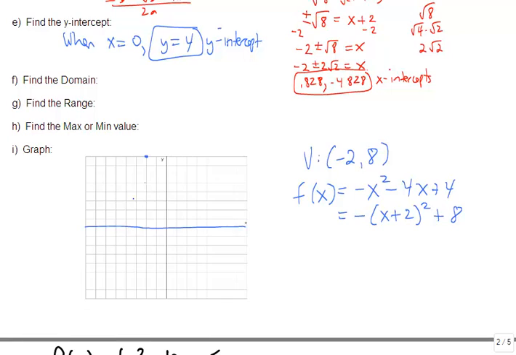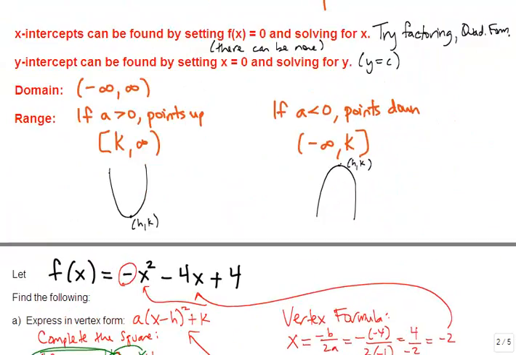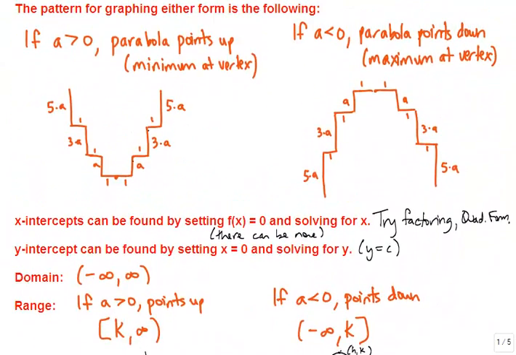And then we need to keep in mind what our a value is, because we have this pattern. And if you remember from earlier on up here, here's our pattern. Depending on what a is, if it's positive, we're going to point up. If it's negative, we're going to point down. And the pattern that you use for graphing is always over 1, down a, in our case, because we want to point down, over 1, down 3 times a.